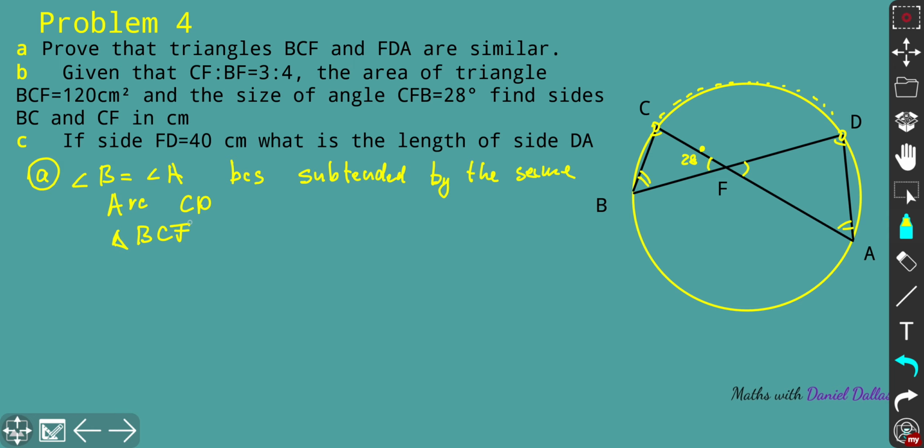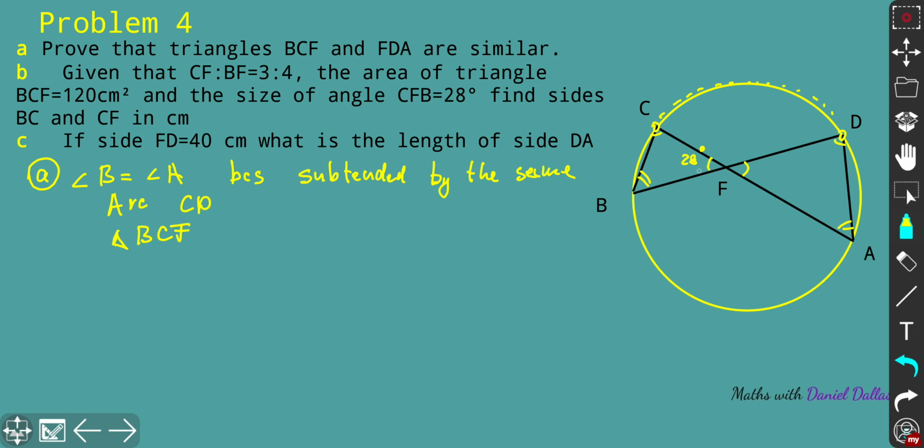In which way can we complete the equation in order to find sides BC and CF? We definitely need to consider CF and BF. Let's consider triangle BCF and complete the ratio CF to BF. We need to find the side BC. Let's try to do that.